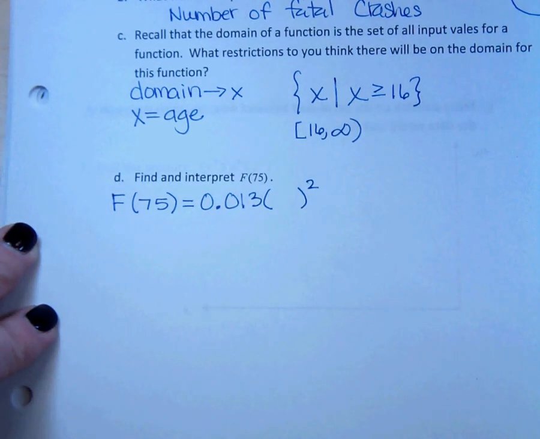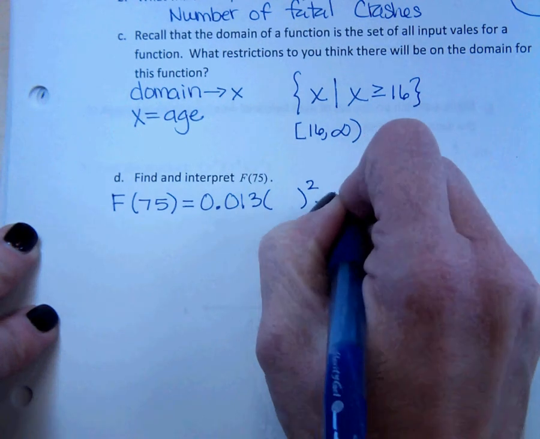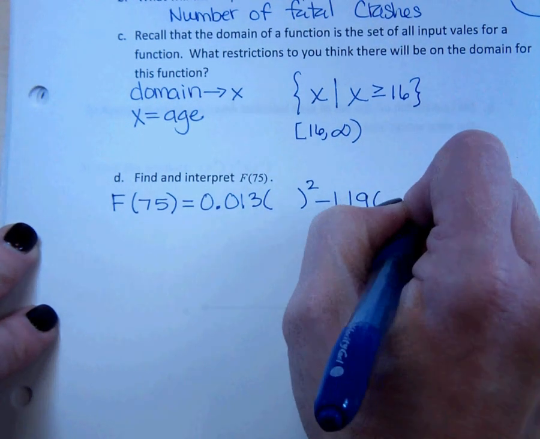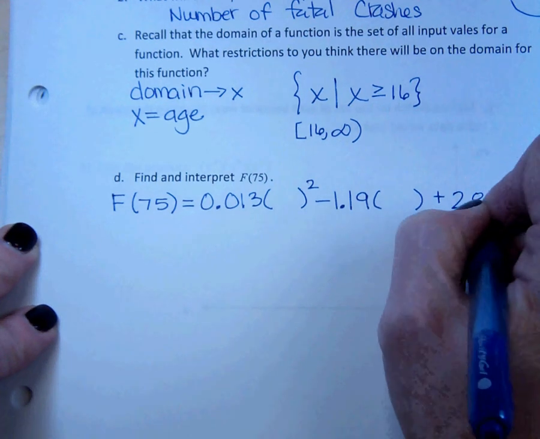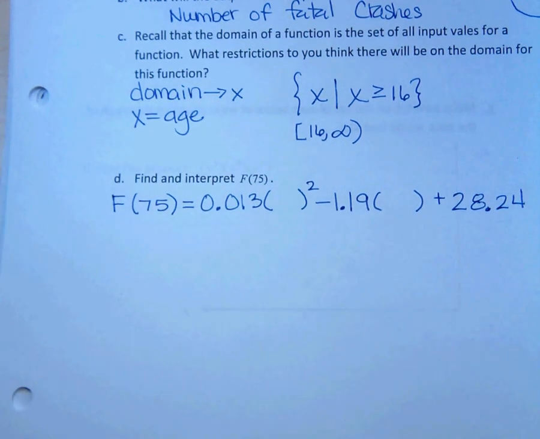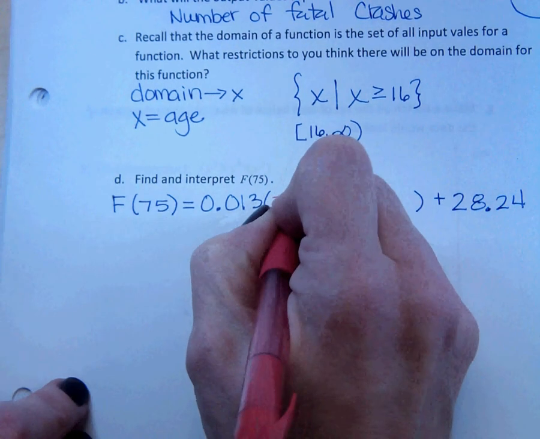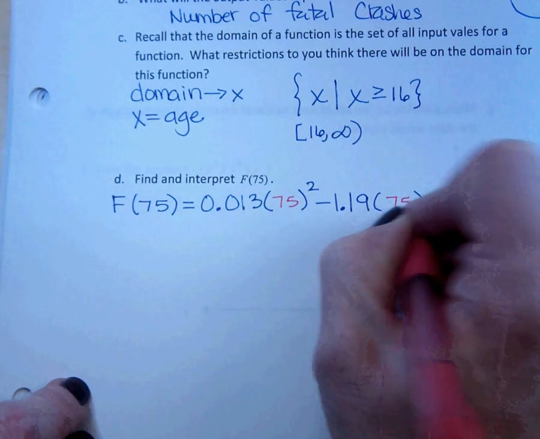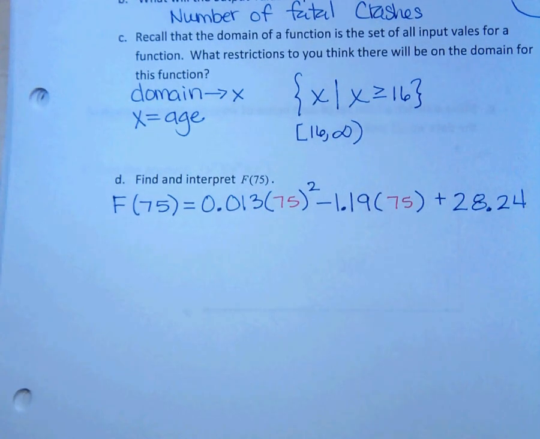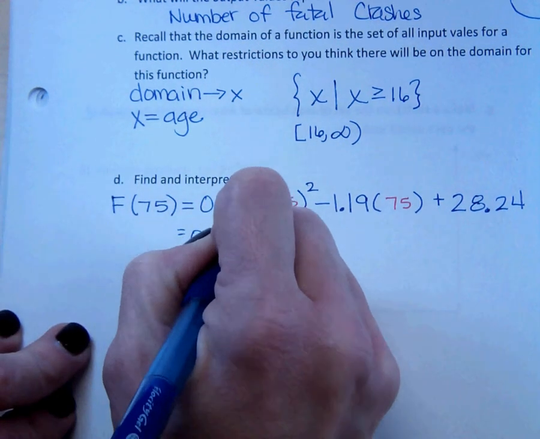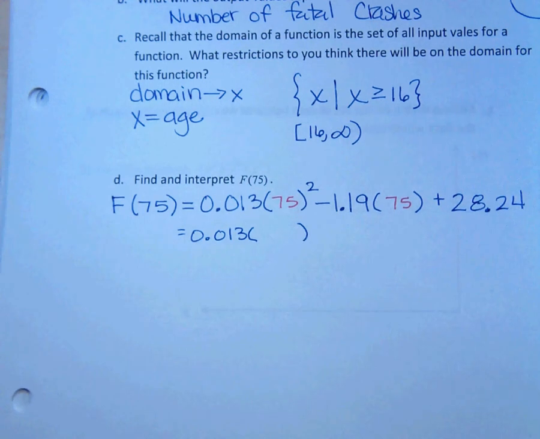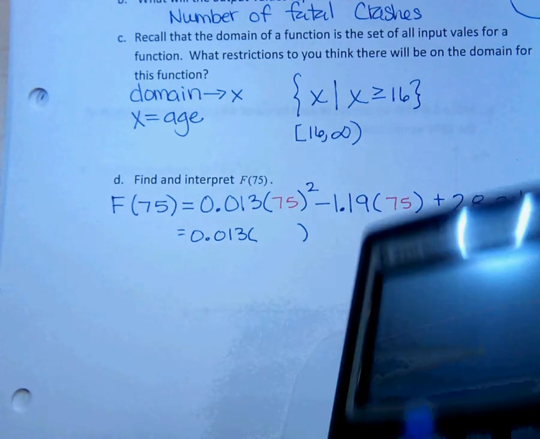So inside that parenthesis is going to go a 75, minus 1.19 times x, and then plus 28.24. Okay, I'm going to do 75. Exponents first, according to my order of operations. So the first thing that I need to do is 75 squared.